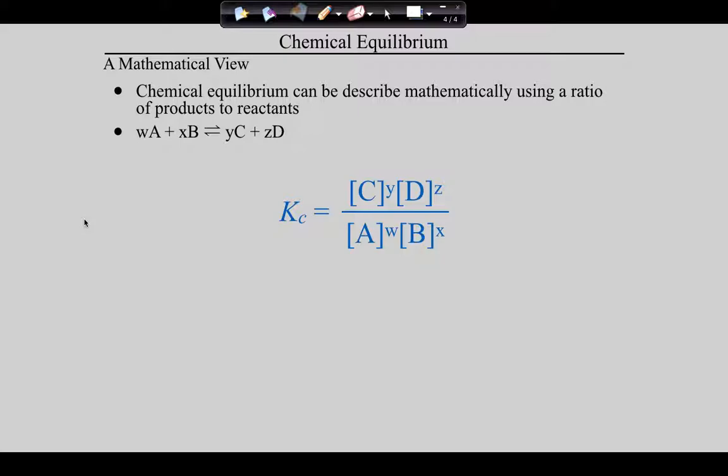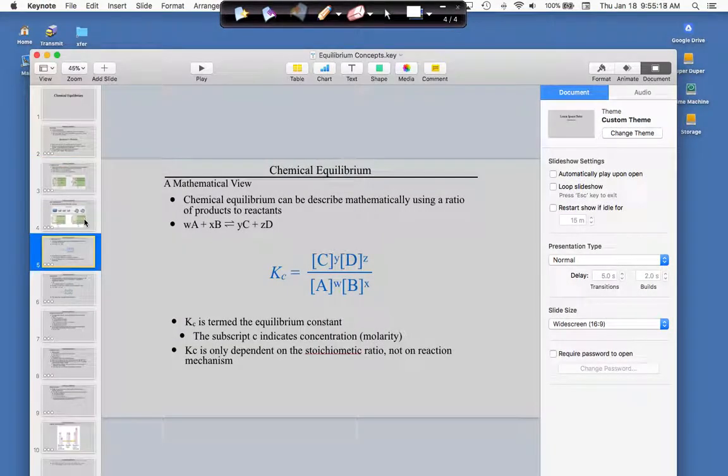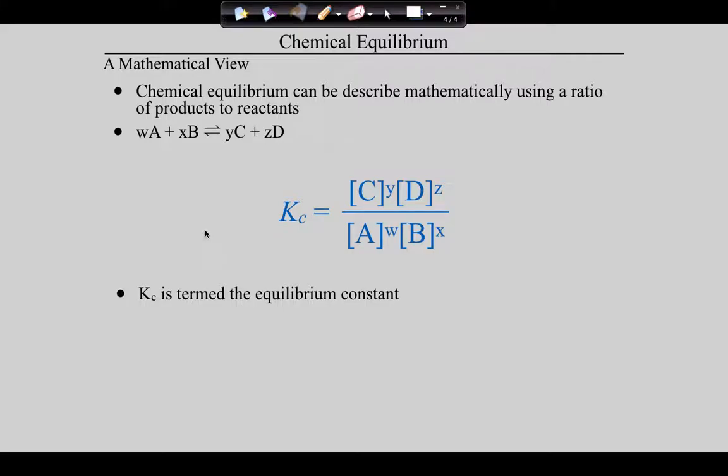So, guys, let's just say this. And again, Catherine was wrestling with the terminology. Guys, this thing is called an equilibrium constant. This Kc. Well, I'm going to leave it as it stands given the next bullet.